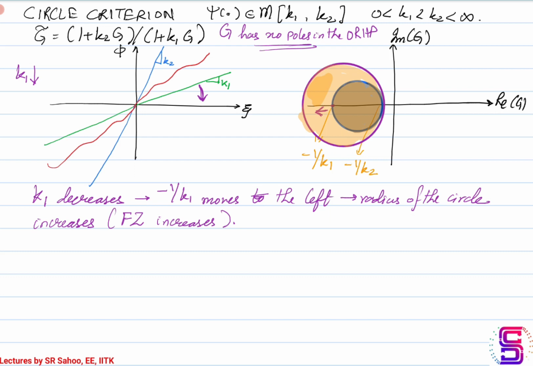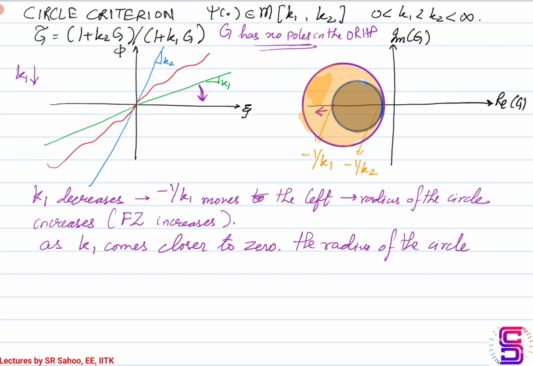As the value of k1 approaches 0, you see the radius of the circle approaches infinity.